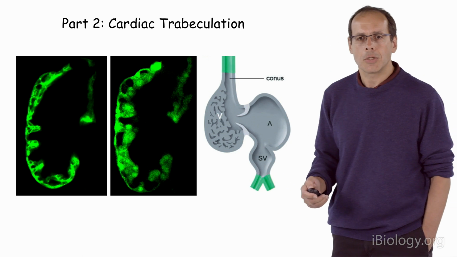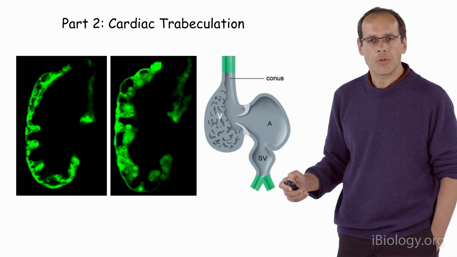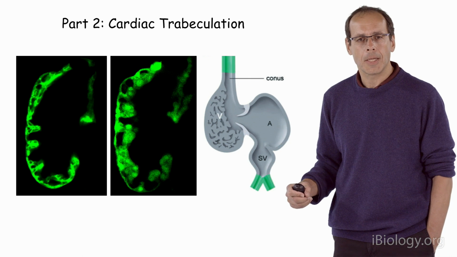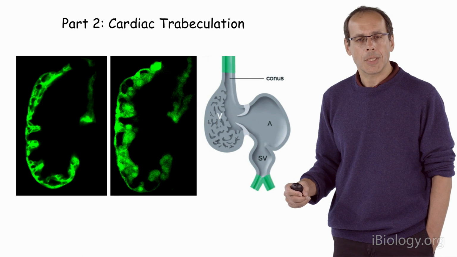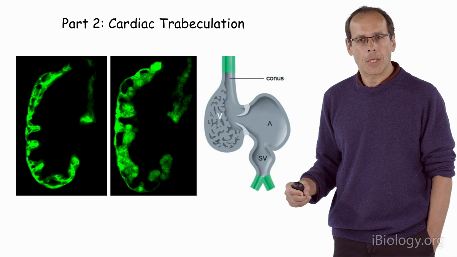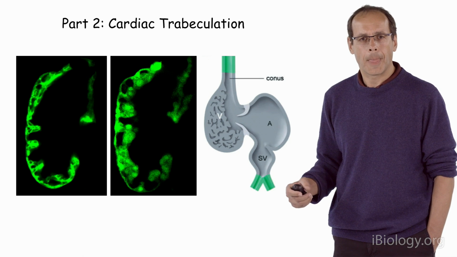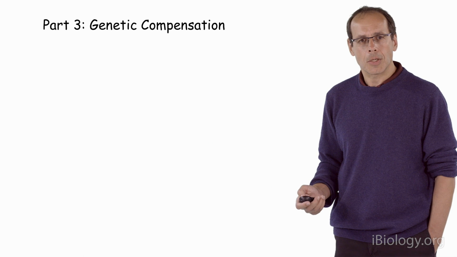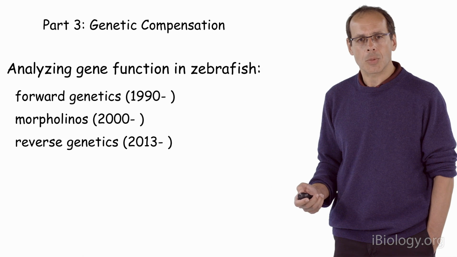So we'll look not only at the cell behavior of these cardiomyocytes as they form the cardiac trabeculae, but also at some of the genes, and again come back to a process called epithelial-mesenchymal transition.